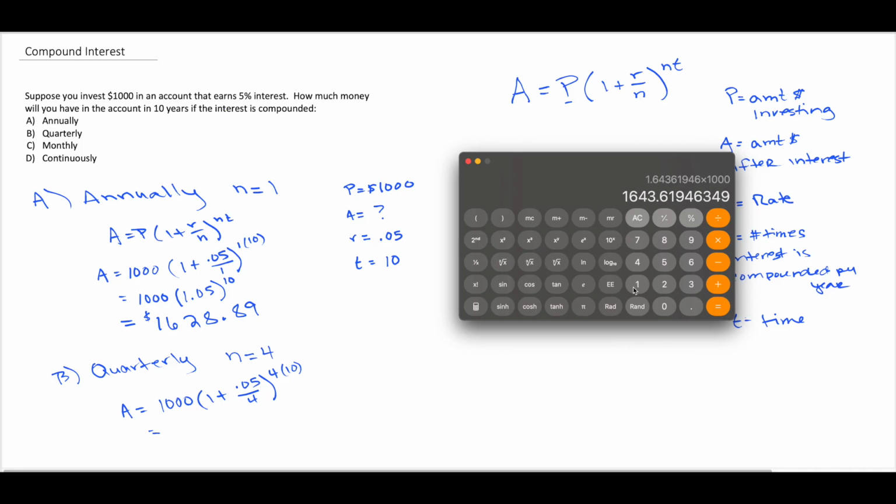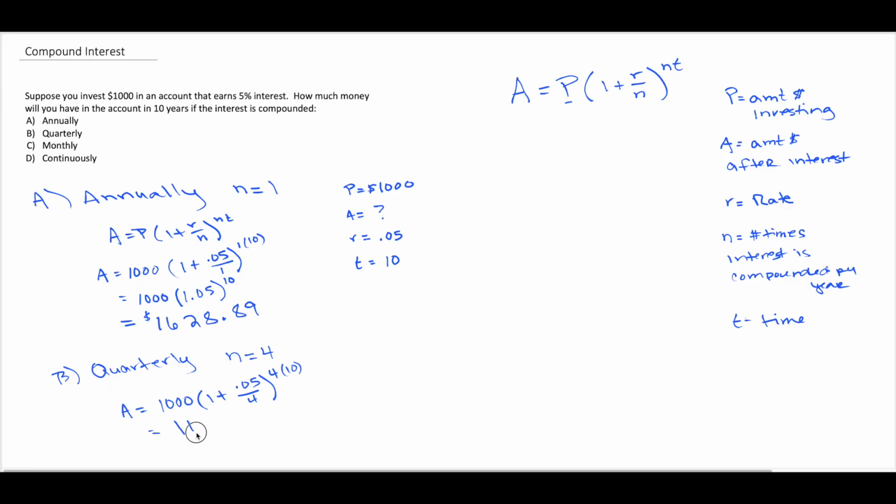So that gives me $1,643.62. Okay, so then if we were to do the same thing, but compounded monthly, then n would be equal to 12.